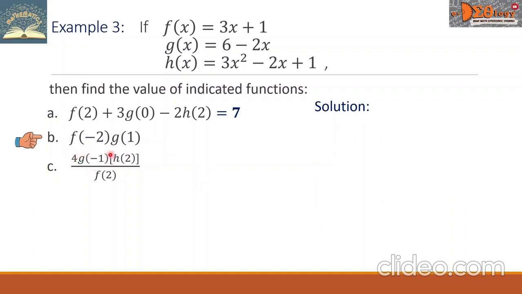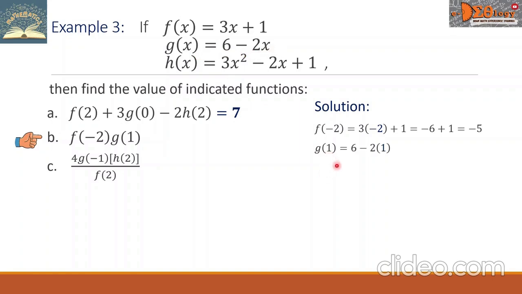F of negative 2 times g of 1. Let's evaluate the f of negative 2, also the g of 1. Let's begin with f of negative 2. Our f of x is here. So f of negative 2 is 3 times negative 2 plus 1. 3 times negative 2 is negative 6 plus 1 equals negative 5. Then g of 1. Our g of x is here. 6 minus 2x.